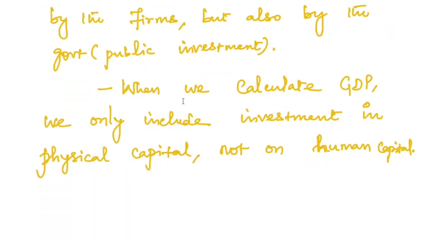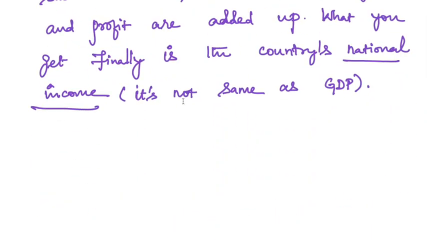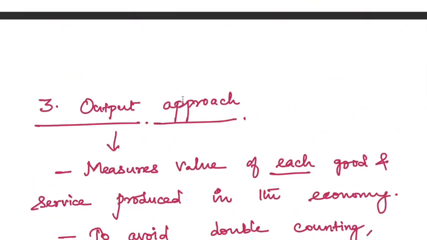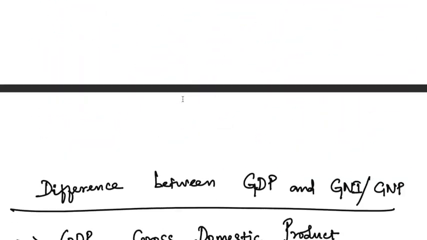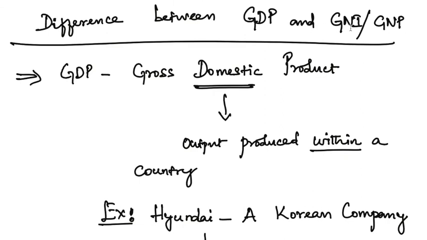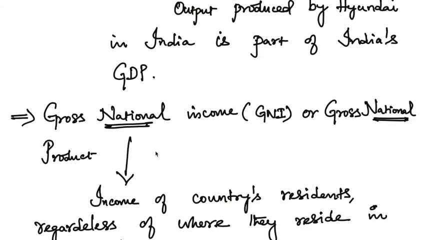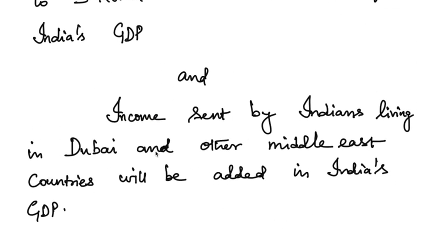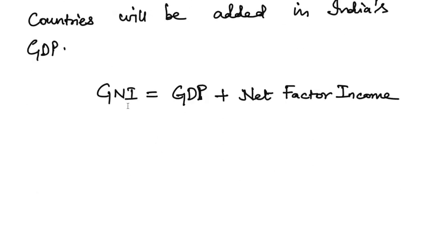We looked at the income approach, we looked at the output approach, and we looked at the difference between GDP and GNI or GNP. What we understood is that GNI, or gross national income, is nothing but GDP plus net factor income.